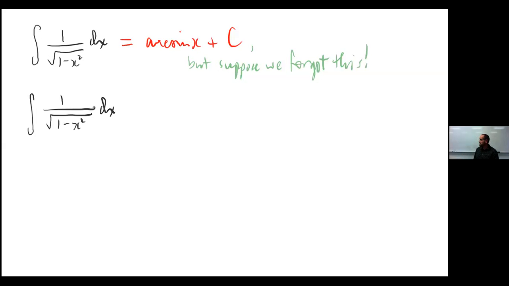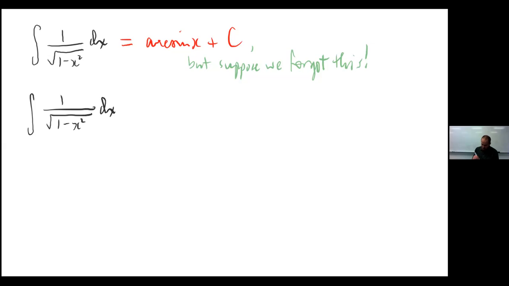So what would be the substitution that we would make in this case? Okay, x equals cosine would work, but one of them is a little bit easier, like x equal to sine, right?